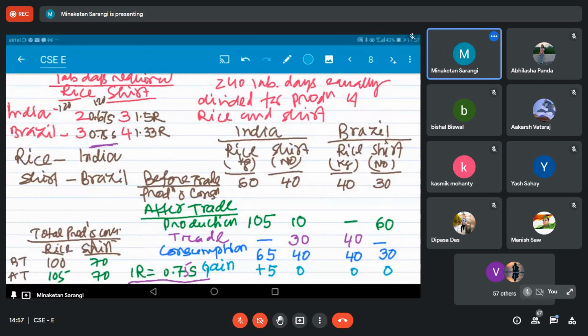But there is gain in consumption of rice, because production of rice is more in comparison to before trade.